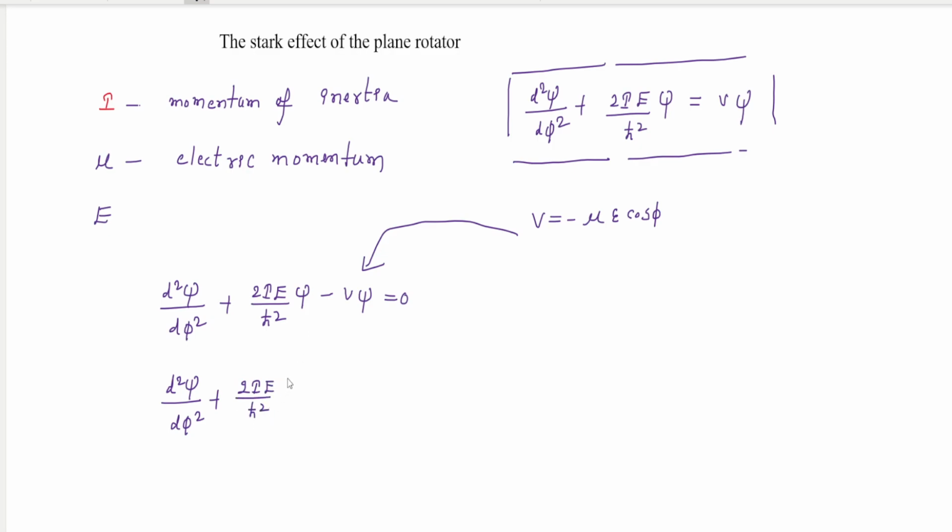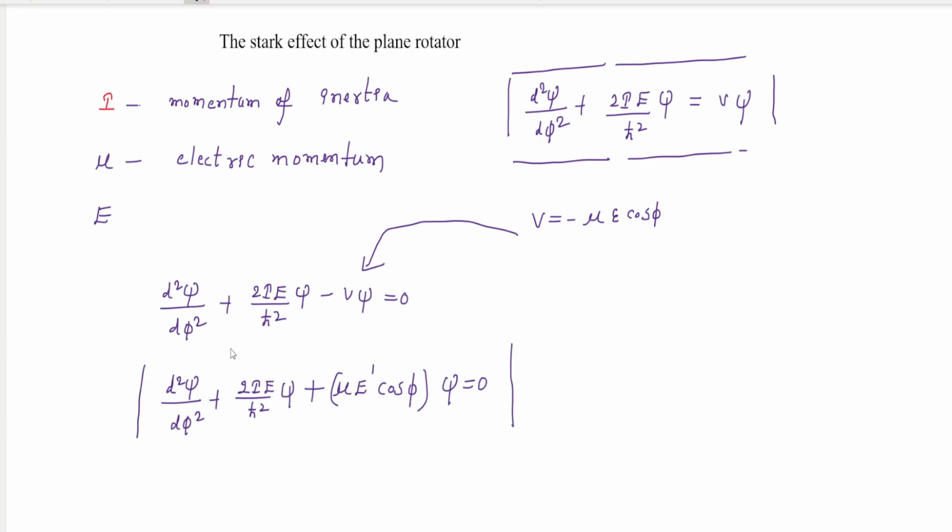Here minus is there, and plus mu, it is better to use, I am going to write like this, E prime, cos phi, wave function. Okay.